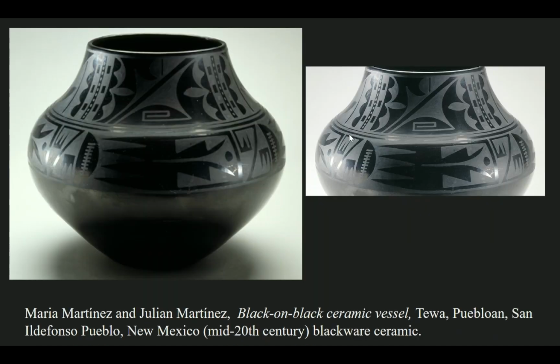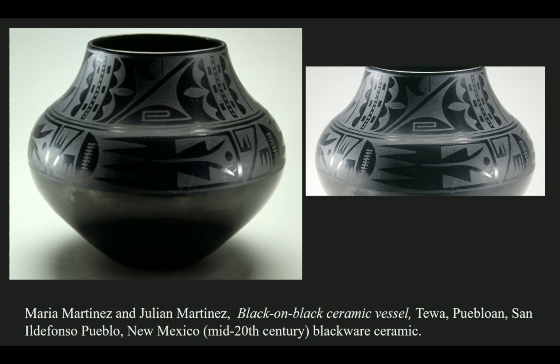So here's this black on black ceramic vessel by Maria Martinez and her husband Julian Martinez. However, her name is mostly on them. This is of the Puebloan tribe, and the way to make this had actually been lost for centuries.